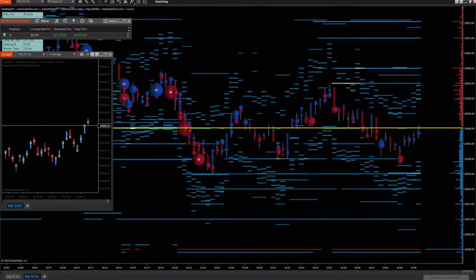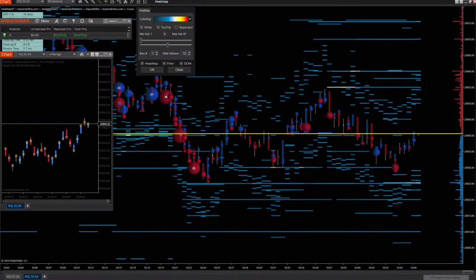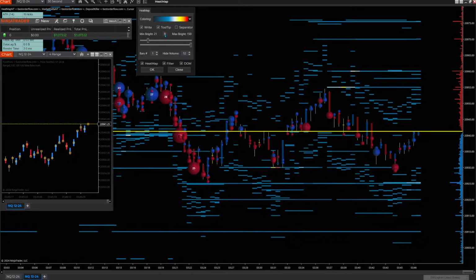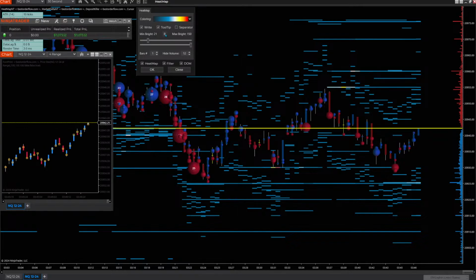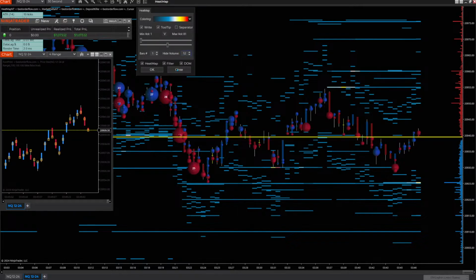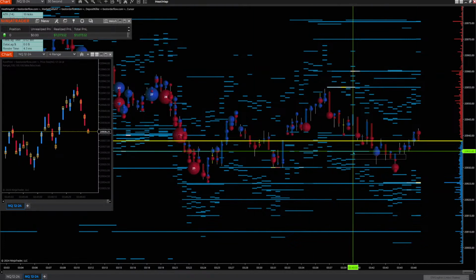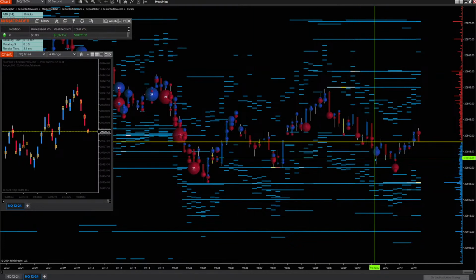Here we go, we get it brighter. Heat map, hide volume. What is this? Minimum bright, so this is the brightness. Anyway, that's what people are saying, and they're just like, oh, is that a heat map?